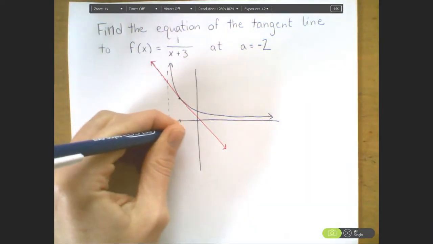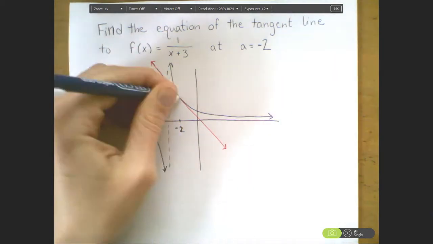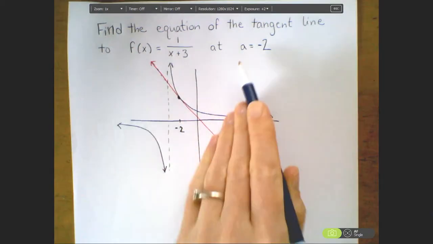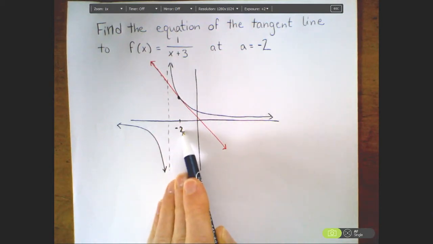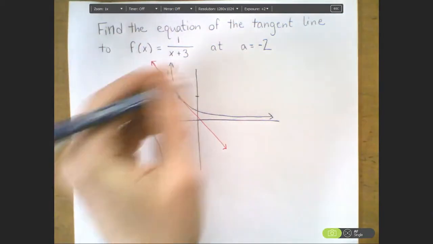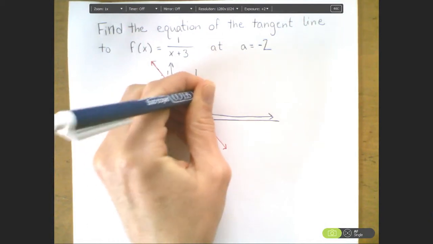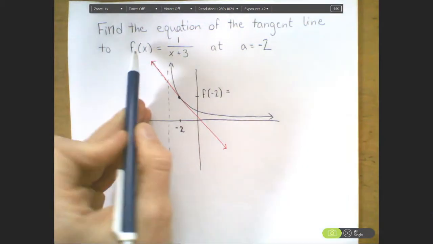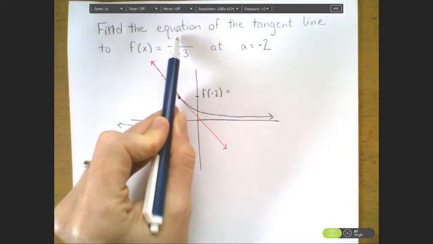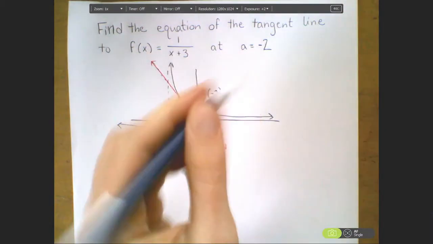Before we go too much further, I also want to notice, what is this point? We're plugging it in when x, or a in this case by this notation, is equal to -2. And so the height here is going to be at f of -2. Looking at the equation, we can quickly plug in what is f of -2.